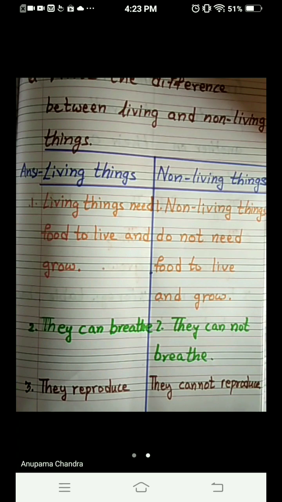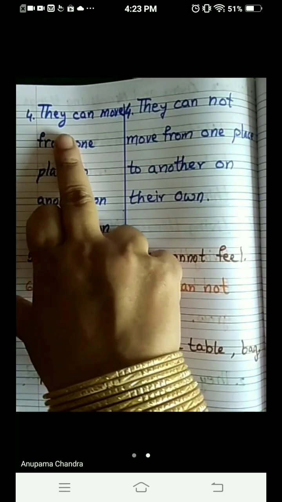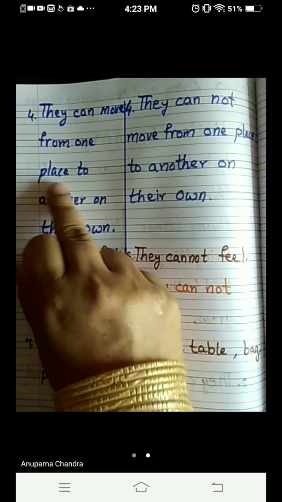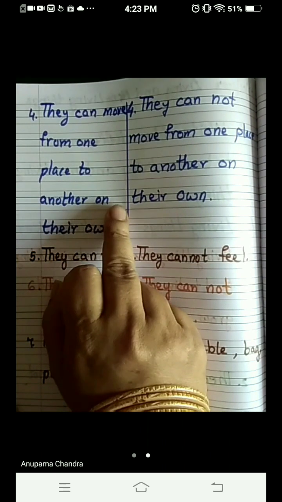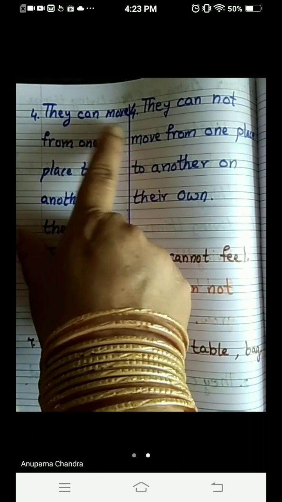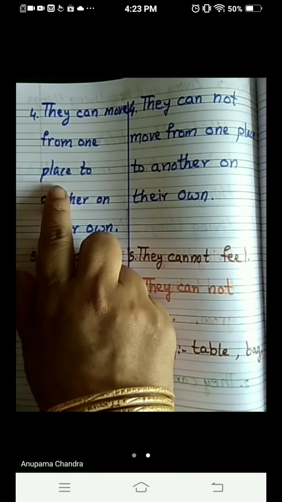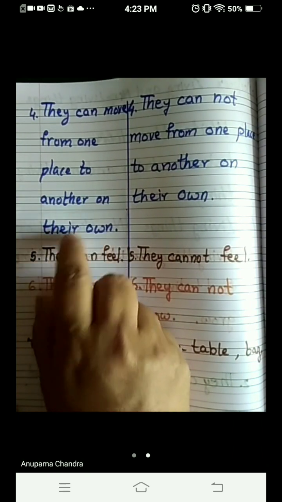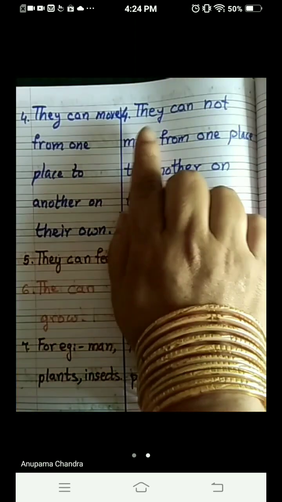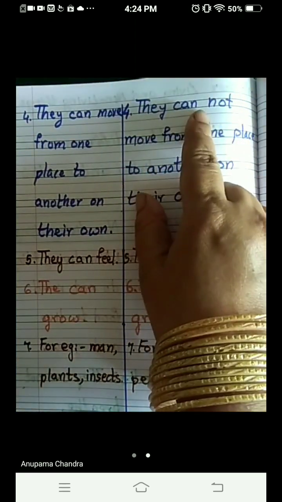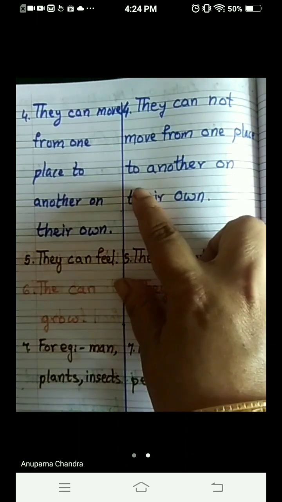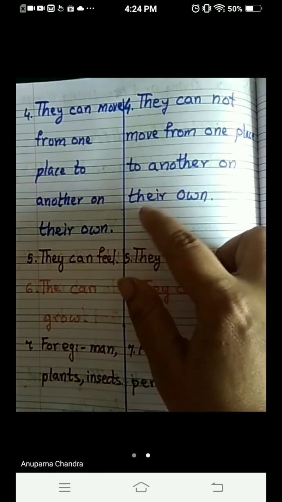Number 4. They can move from one place to another on their own. So we are talking about living things. Living things can move from one place to another on their own. Now we come to non-living things. Repeat after me, children. They cannot move from one place to another on their own.